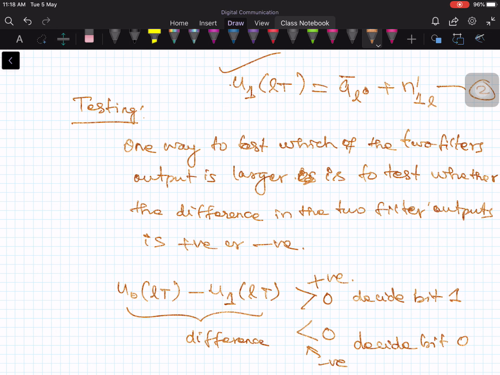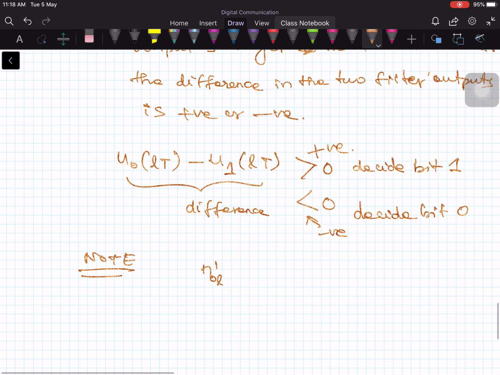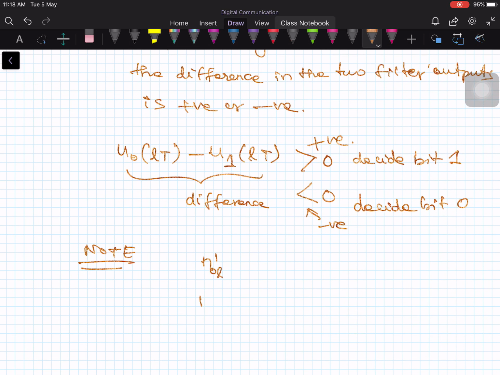Now when you do the subtraction, one can ask what will happen to the noise. That is a very important thing that we will discuss now. Note that in the upper matched filter you will get N0L prime, and in the lower matched filter you will get N1L prime. These two noises are uncorrelated.